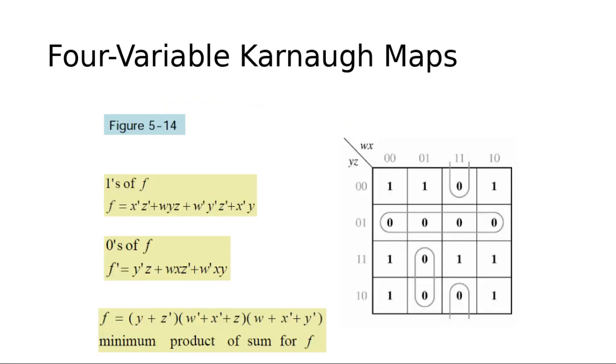But for the zeros, it must be product of sums. In the min term, it is sum of products, but in the max term, it is product of sums. First, you sum the variables, then you product the components. In the min terms, first you have to product the variables, then you sum the components. Okay? These are the same rules.